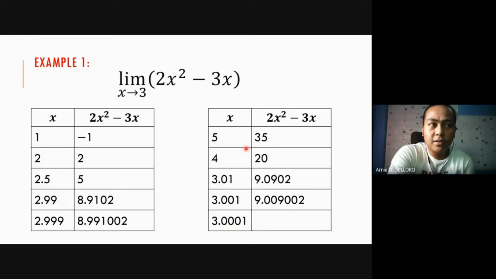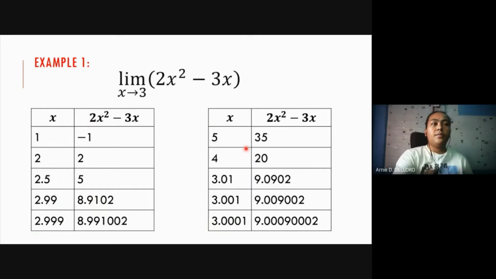If x is equal to 3.0001, the value of the function is 9.0009. So what value does the limit of 2x squared minus 3x approach as x approaches 3, either from the left or from the right?